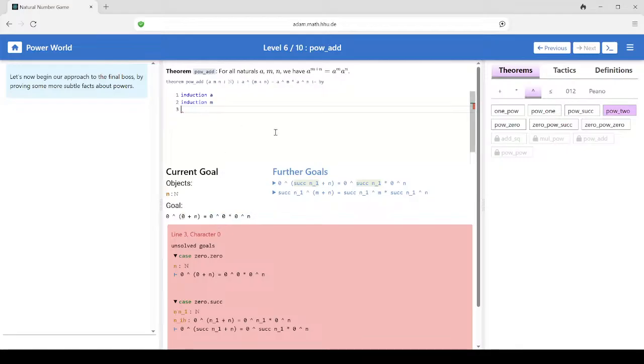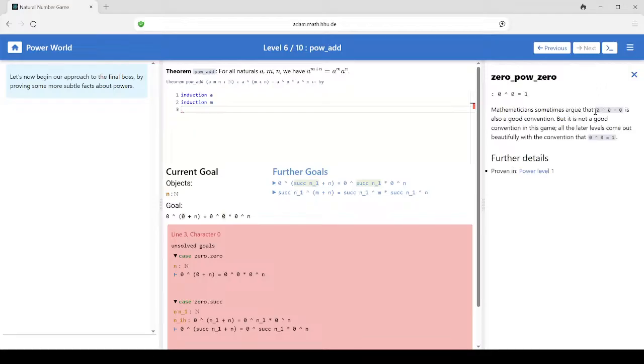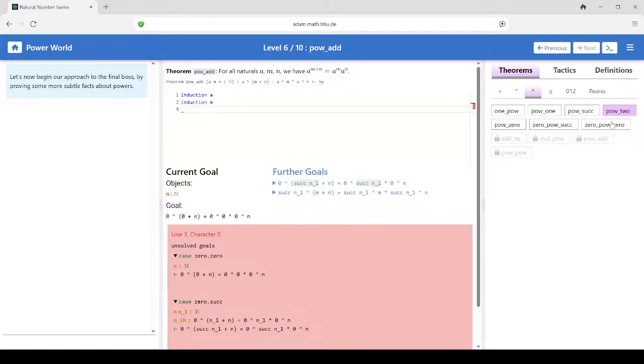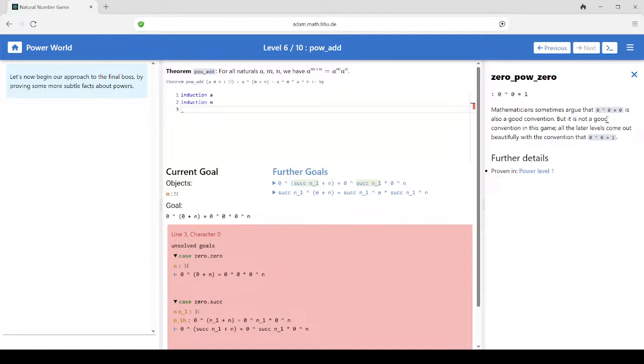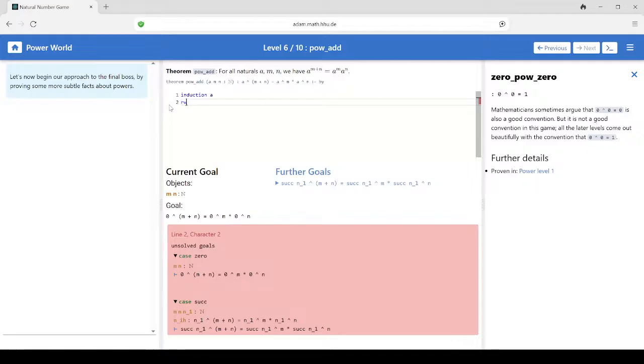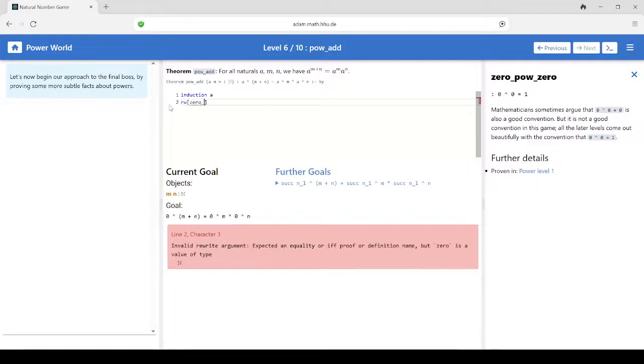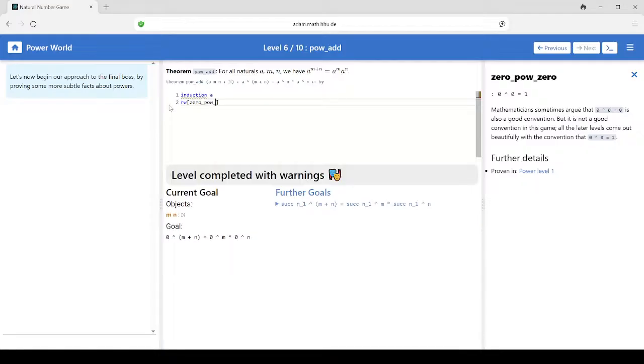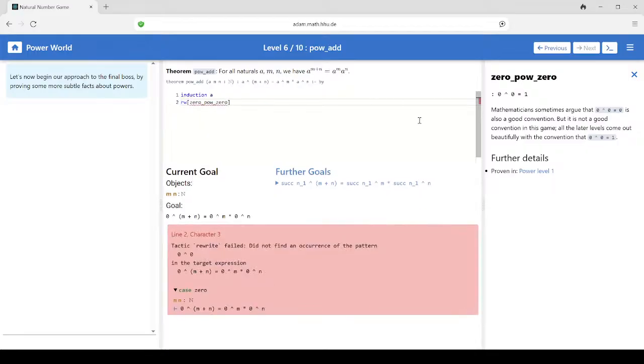Zero to the power of 0 equals 1. Or what happens if I try and... No, that doesn't do anything.